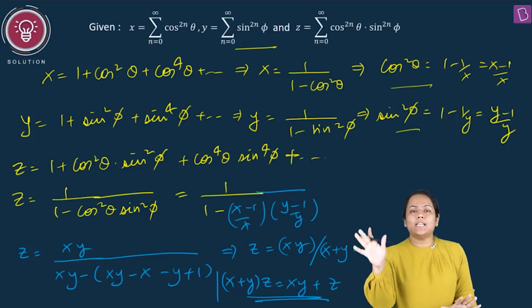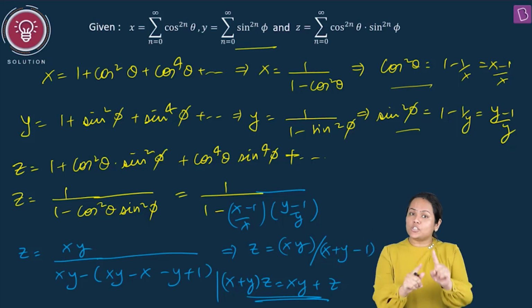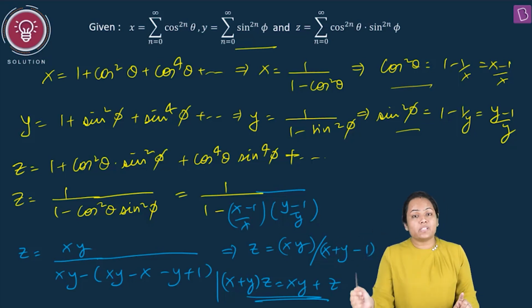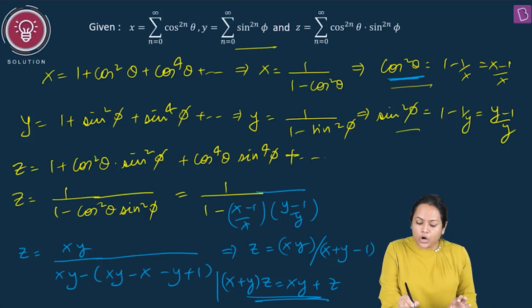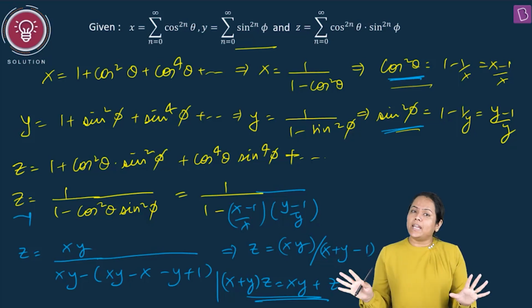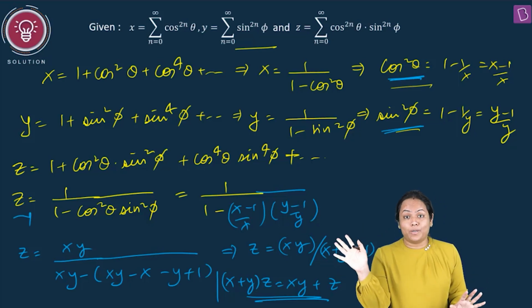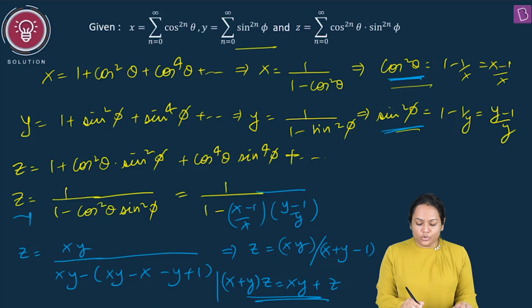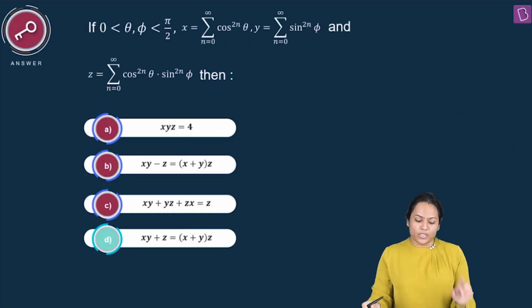So I'll put this in the moderate category. It's not difficult, but obviously you have to think about substituting the values of cos square theta and sine square phi in this z. The rest is only the simplification part. Clear? Okay, so now the right option which they have given to us in the question will be D.